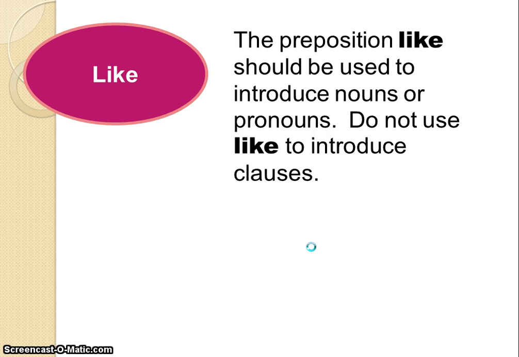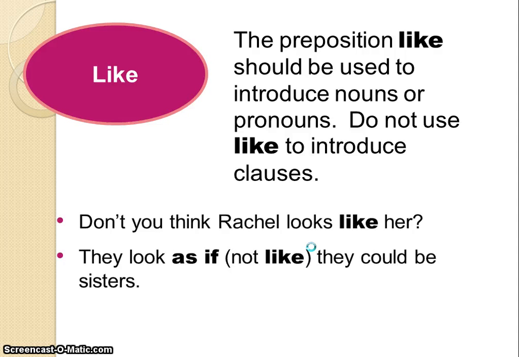Okay, then the preposition like. We use it to introduce nouns or pronouns, but not to introduce clauses. For instance, don't you think Rachel looks like her? Right here we're using like to introduce the pronoun her.